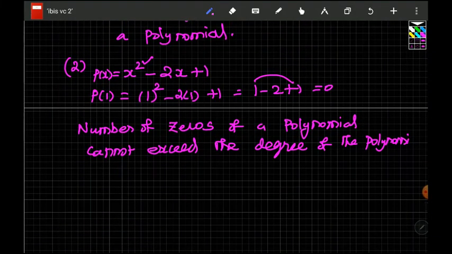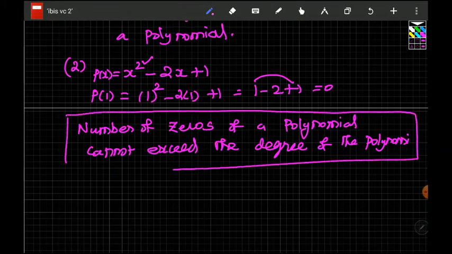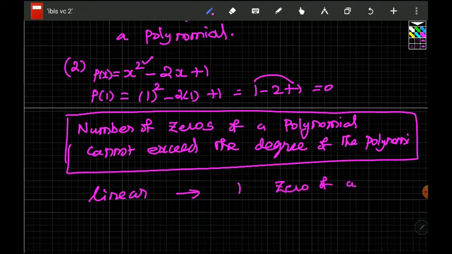Hence, this summary can also be interpreted as: for a linear polynomial, linear means degree 1, there will be 1 zero of a polynomial. For a quadratic, meaning degree 2, there will be 2 or less than 2 zeros of a polynomial.